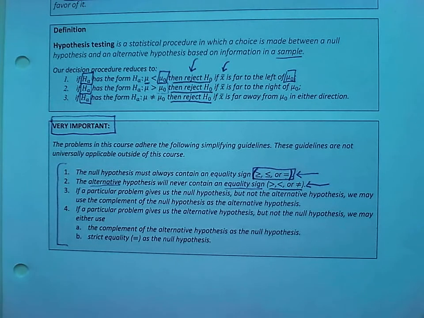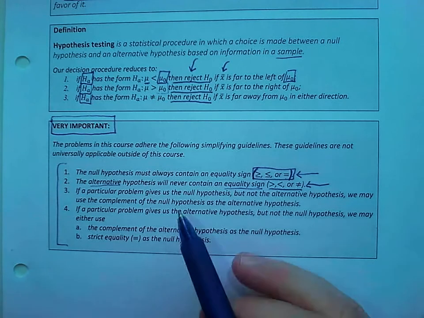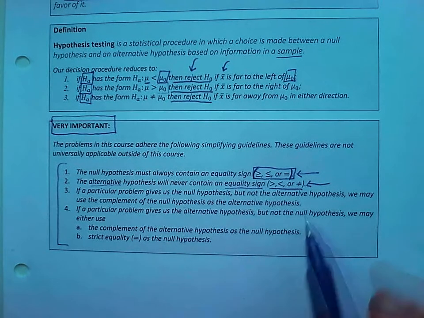Alright, number 3. If a particular problem gives us the null hypothesis, but not the alternative hypothesis, we may use the complement of the null hypothesis as the alternative hypothesis.